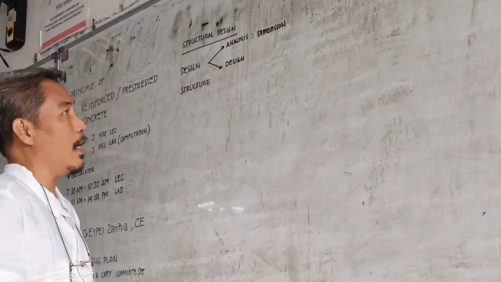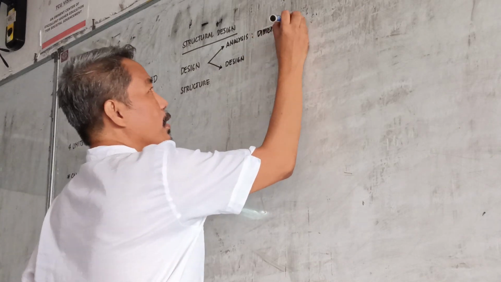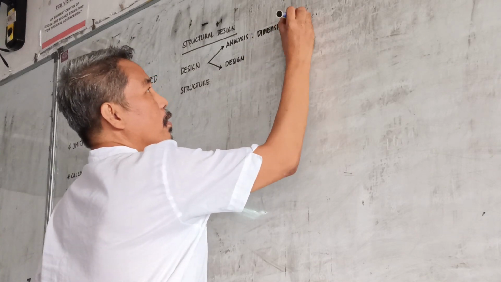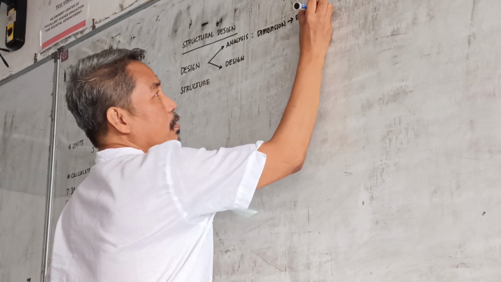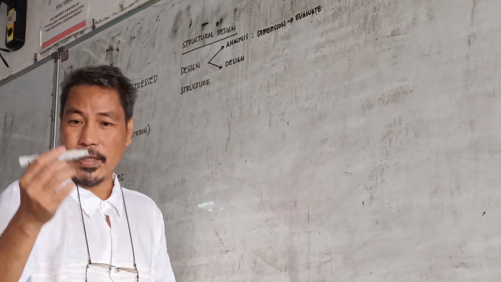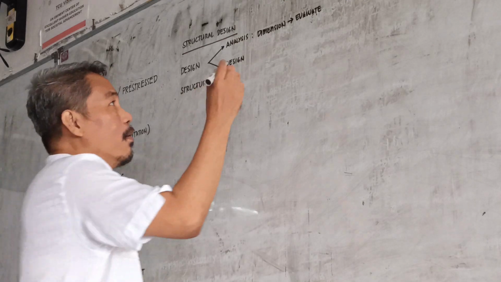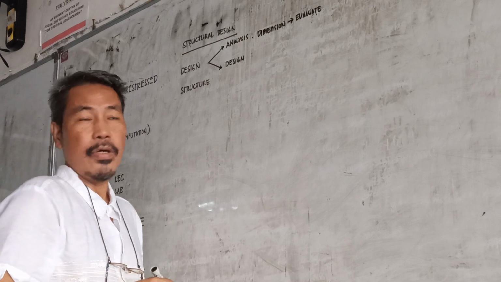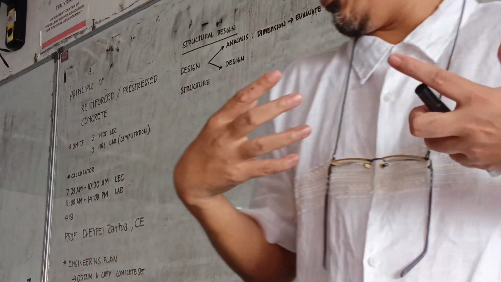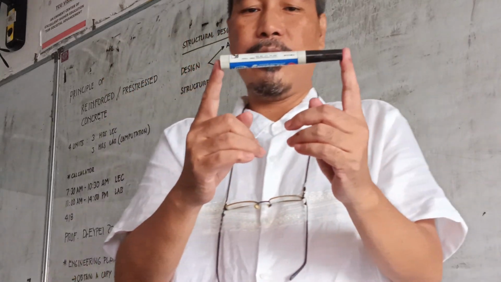Now, therefore, we are given the dimension and we want to evaluate the structure. Right? We are evaluating if it can or it cannot. Right? Now, design. What do we mean by design? We are not given the dimension. We are the ones who will determine the dimension. That is design. Okay? That is structural design. What we are given is the load.